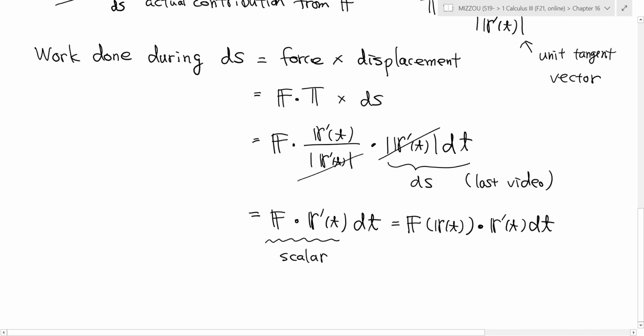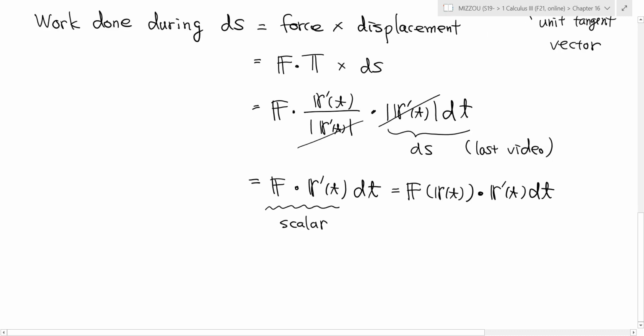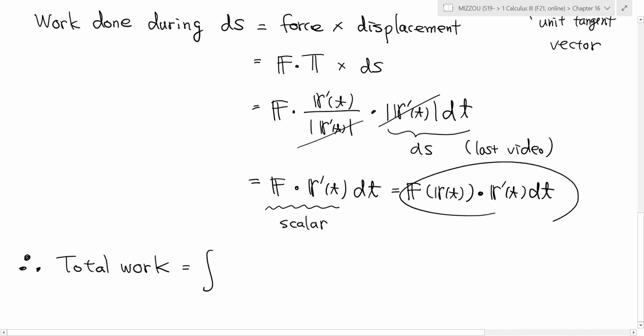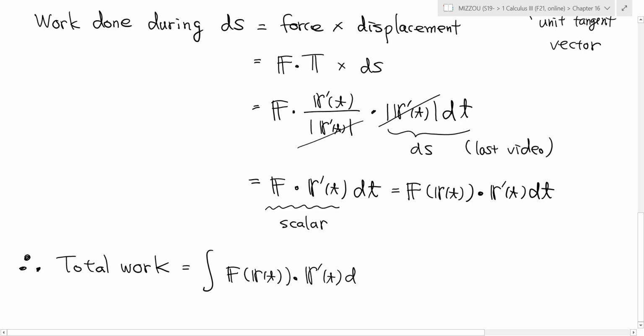Okay, so therefore, the total work is obtained by integrating this stuff, F of r of t dot r prime of t dt, from a to b.